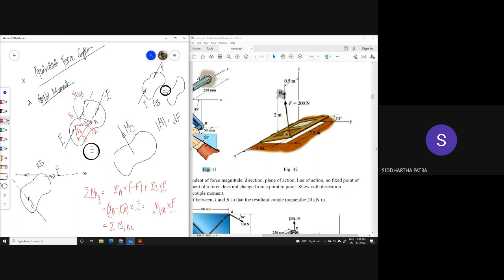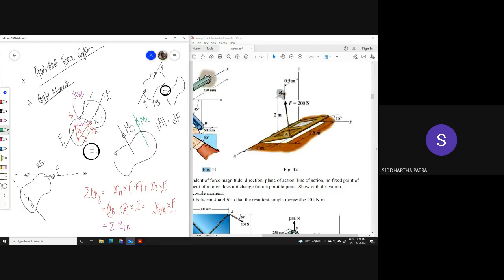Which means unlike the moment due to a single force, for which the specification of the point was extremely important, for a couple moment I don't have to specify the point of application. I can show this moment, with a given magnitude and direction, using this line right here, or maybe even this line right here. So it doesn't matter.